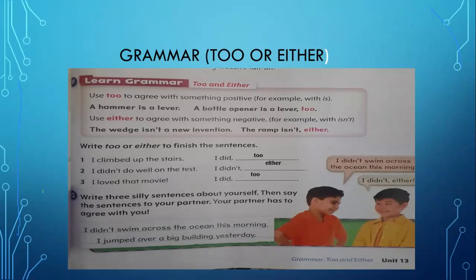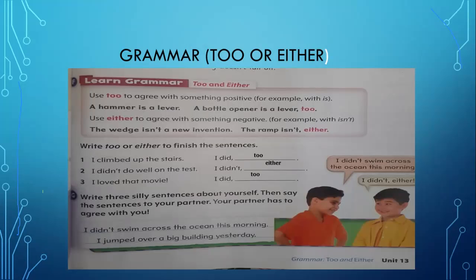Yes, Nurulan? Ma'am, I didn't understand the first one. "I did too" didn't make any sense. Listen to me, Nurulan. Actually, over here in the first statement, there are two girls or two persons talking to each other.